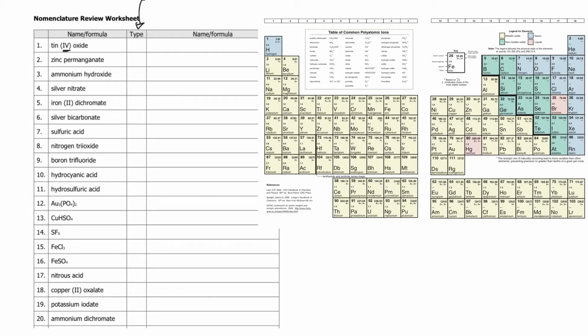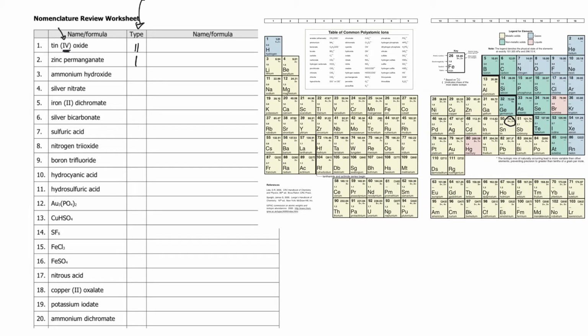So this one has a 4 there, so it's got to be a type 2 because tin, where's my tin? Right here. It has 2 different charges for tin. Could be a 4 or a 2. So in the name, you have to indicate which one you're using. So tin can play as a 4 or 2, so tin, that's a type 2. Zinc, since there's no number there, it's a type 1, because zinc is on the left side.